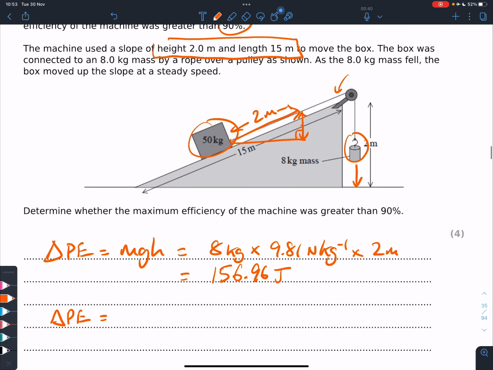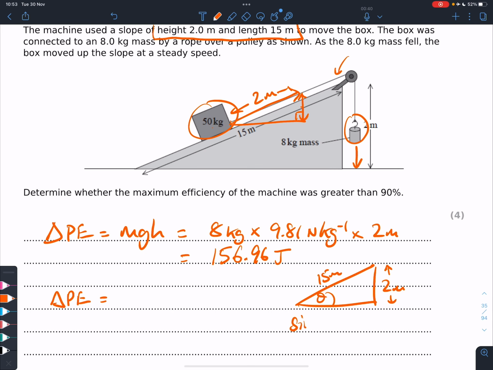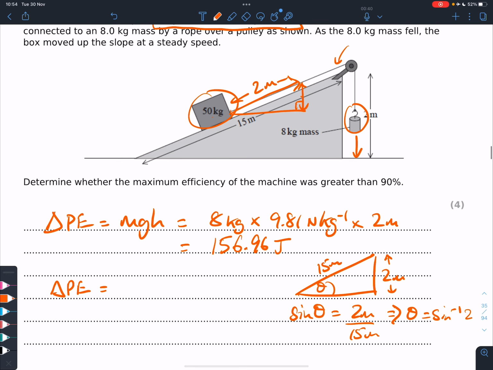So first of all, let's use the bigger triangle, the 15 meter hypotenuse with a 2 meter opposite angle to find this angle here, theta. So we can say that sine theta is equal to 2 meters divided by 15 meters, which means that theta is equal to sine to the minus 1 of 2 over 15.